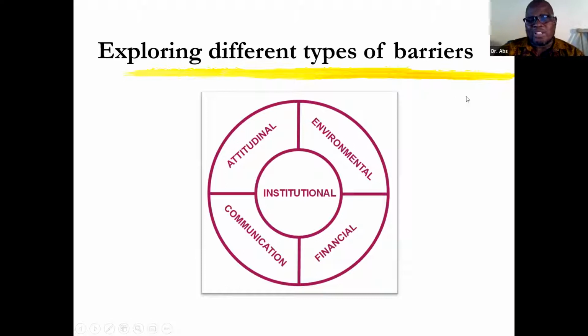So for example, in Sierra Leone, we have disabled people's organizations, what are now called organizations of persons with disabilities. We have institutions like the Cheshire Home and Blind School, and these institutions receive a subvention from government.